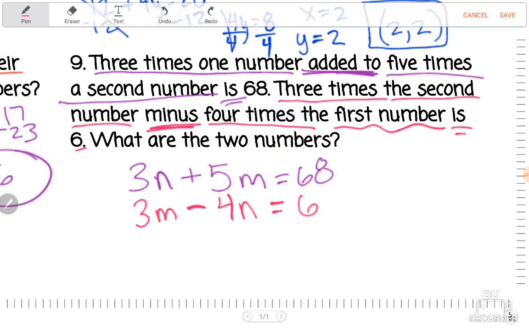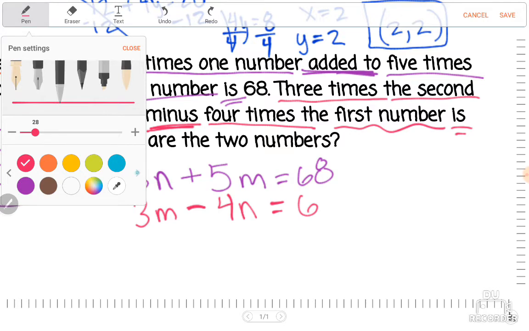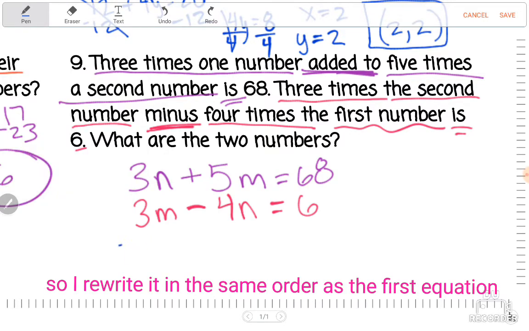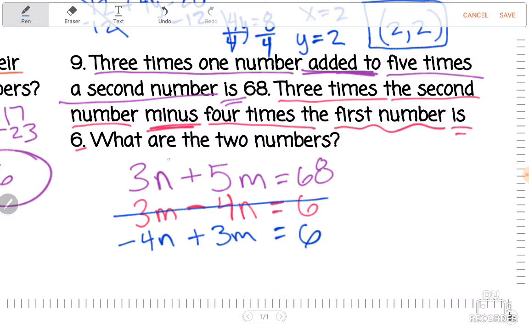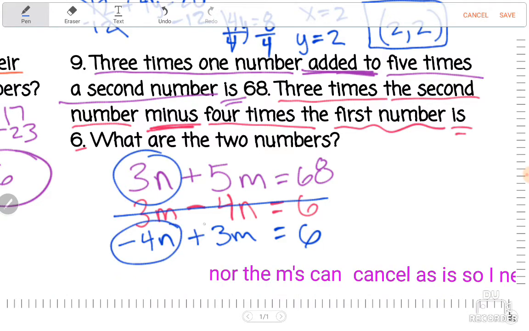Let me switch colors. Okay, I could do negative 4n plus 3m equals 6. So just rewriting it. And then I've got the original equation. If I look at my n's, those aren't ready to cancel.